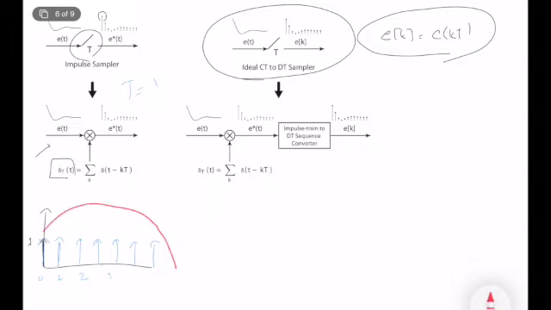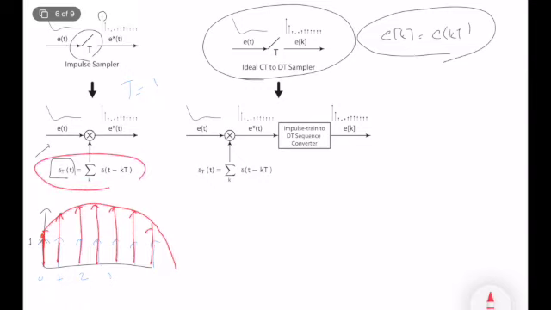For a single impulse, everything is 0 except at the impulse time, where you get the value of the signal as your strength, and it will be an impulse train again. If I multiply these two signals, I obtain a different impulse train where the strengths are obtained from my original e of t, but the locations of the impulses are obtained from my impulse train function.